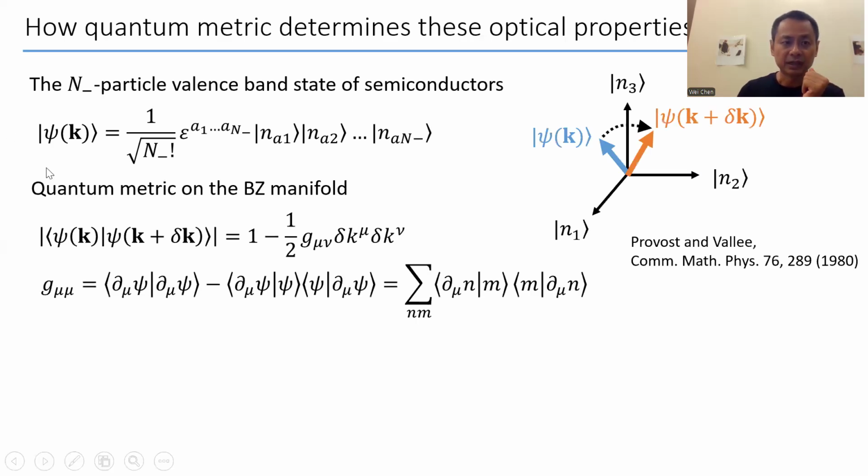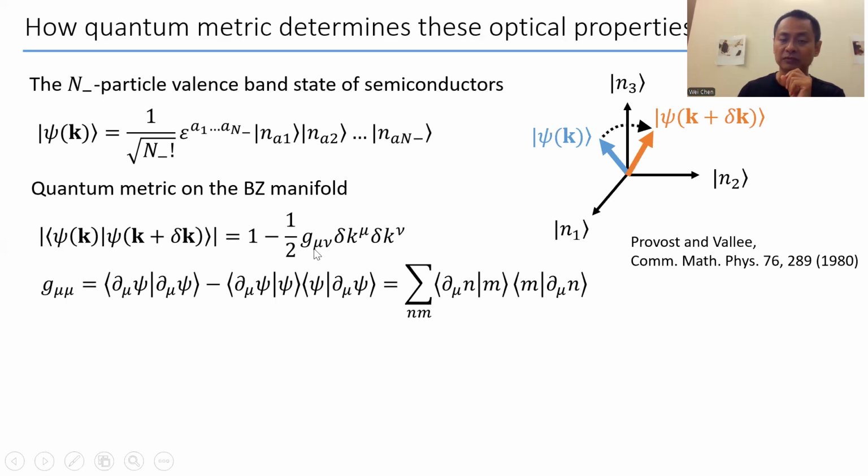Now you take this valence band state at momentum k and take the product with itself at a slightly different momentum. The modulus of this quantity, if you do a Taylor expansion, is equal to 1 minus some coefficient multiplied by this small displacement momentum squared.